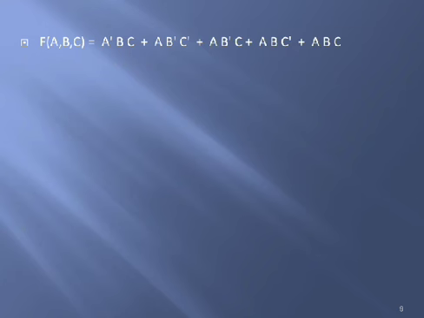Okay, next we will see again the same function f of a, b, c, summation small m of 3 4 5 6 7, which I am writing in the standard sum of product form.